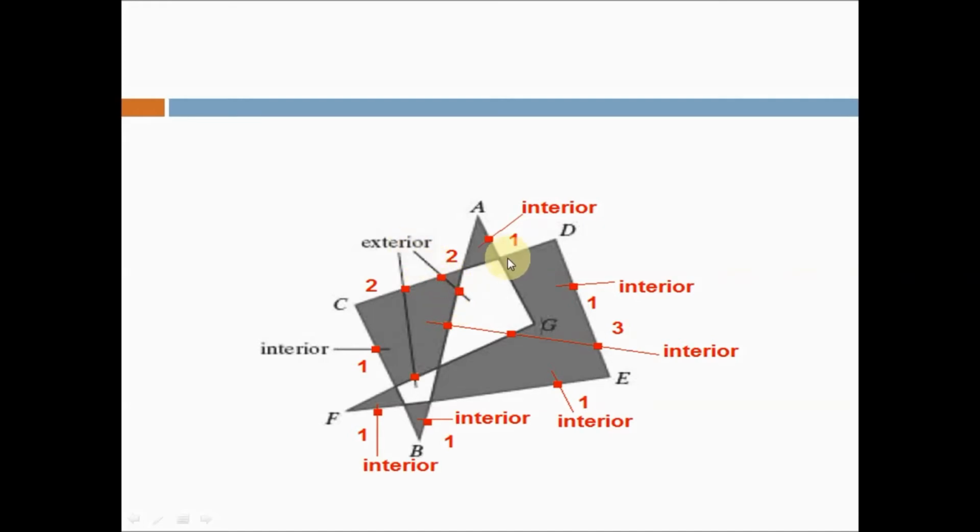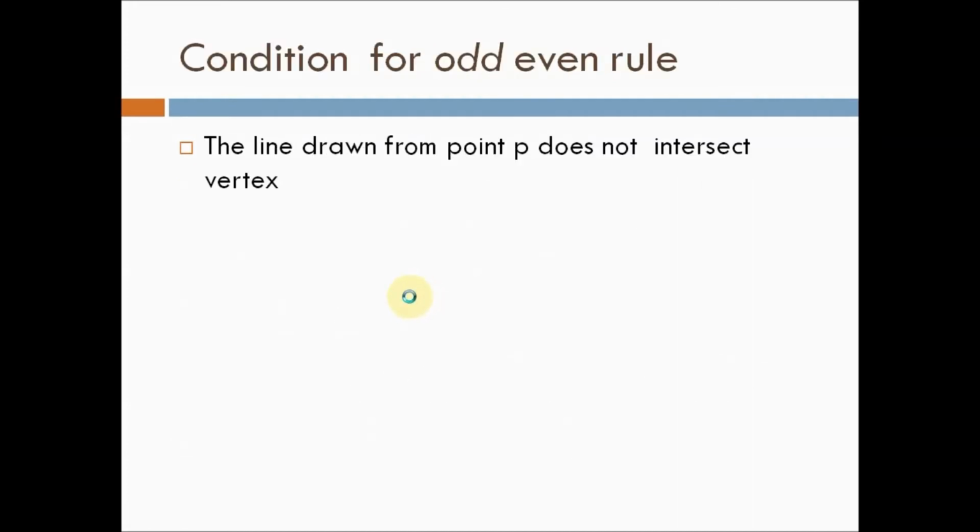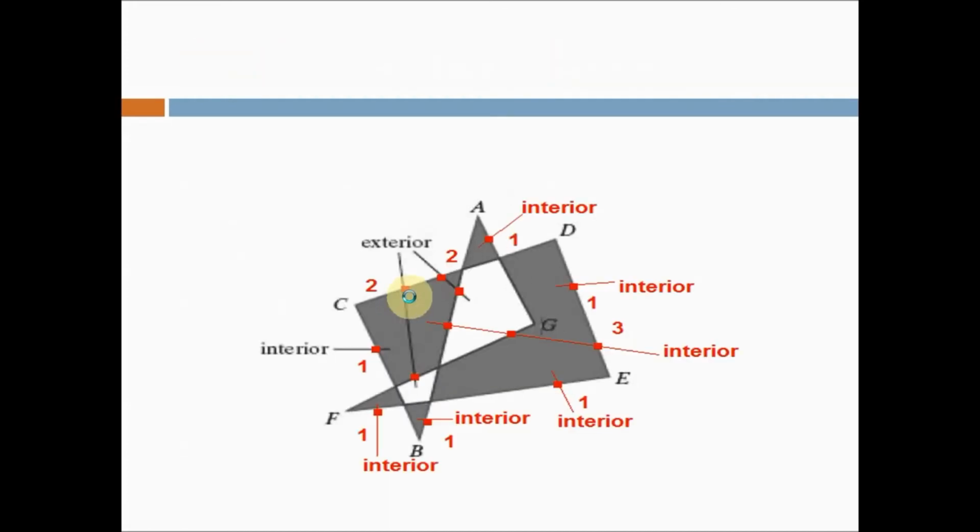Now what is the second step? Then we count the number of line segment crossings along the line. In simple words, we have to find out the number of intersecting points. This line that we drew is intersecting with how many edges?